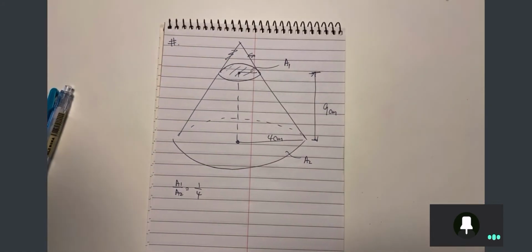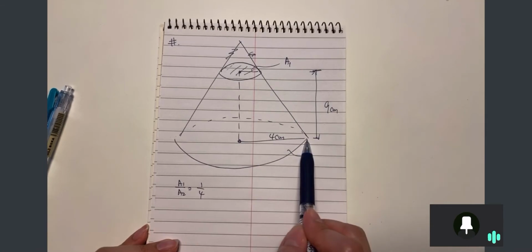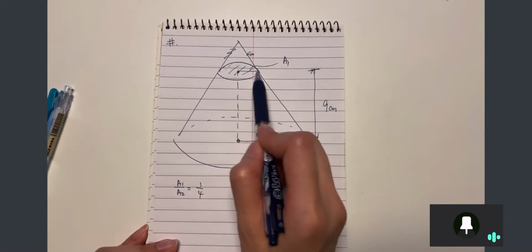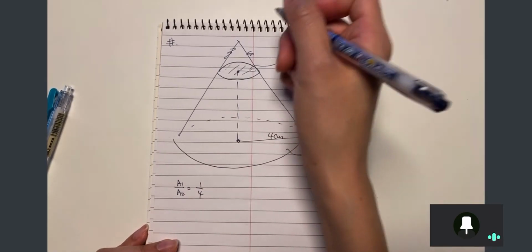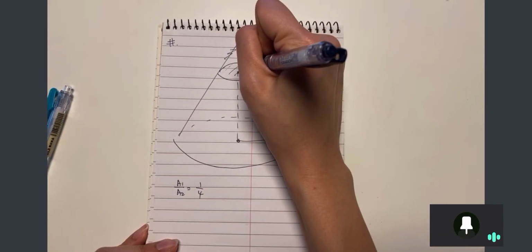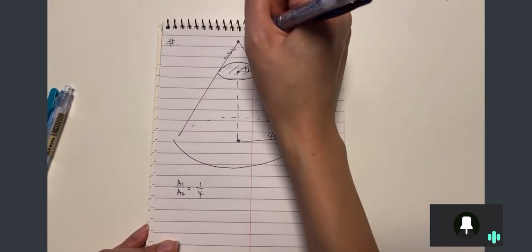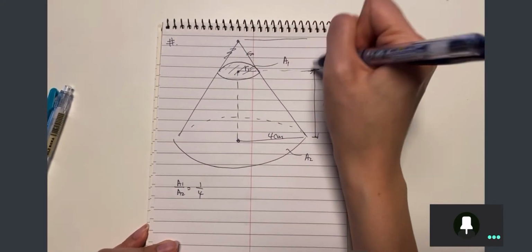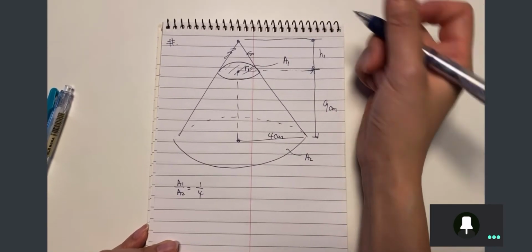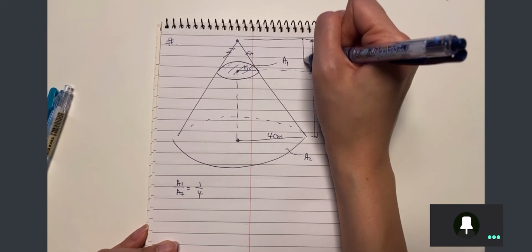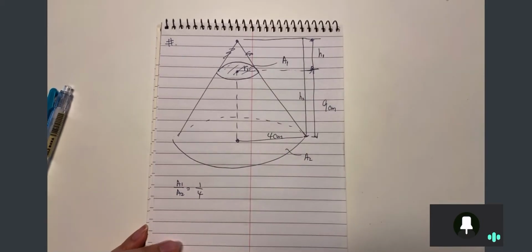Then that means you need to find the radius of the base you have given, and then the radius of the smaller one. Let's say this one is R1, and also you need to find the H. This is H1. And then the overall H is H2.